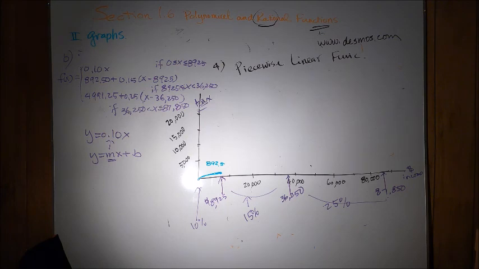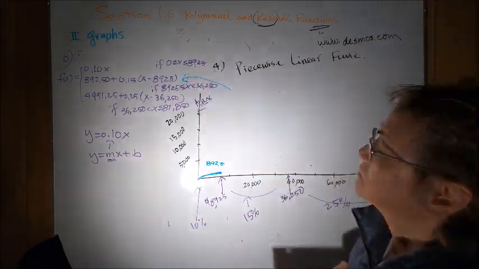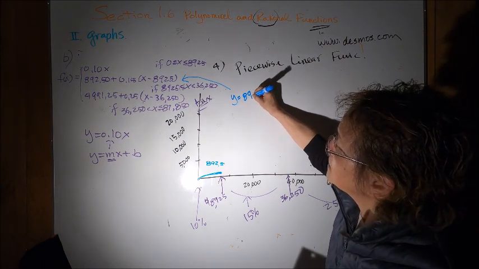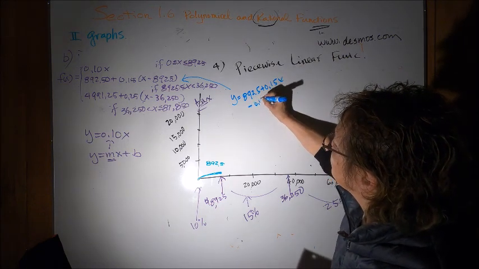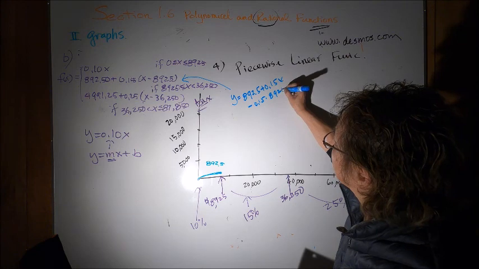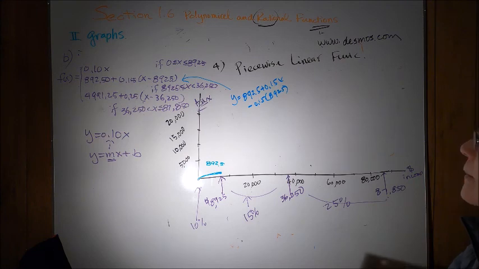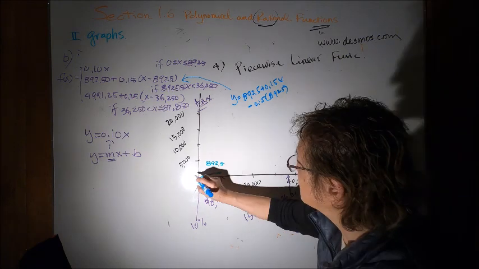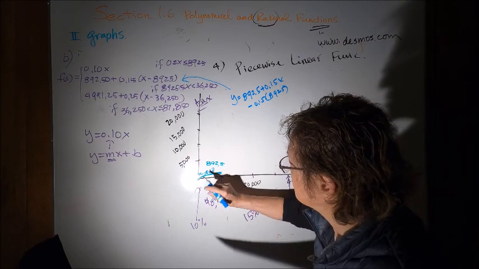Then beyond that, your function will be what? This one, right? So your Y will be 892.5 plus 0.15x minus 0.15 times 8925, right? So the slope becomes, in y equals mx plus b, the slope. This first slope is 0.10, right?